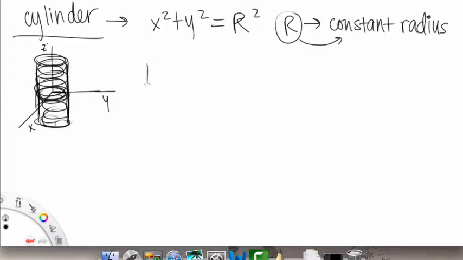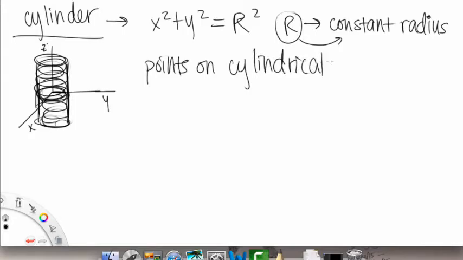So basically these points on the cylinder, I'll say on the cylindrical surface, right? Because we're looking just at the surface, not like the Pringles inside the can, we're just looking at the can itself, okay?